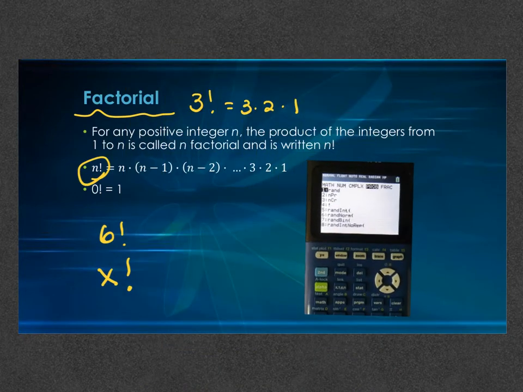Okay, so on a graphing calculator, you're going to hit first the math button, and then from there scroll over to where it says probability. And that's where you're going to see the 4th thing down is your little exclamation mark.